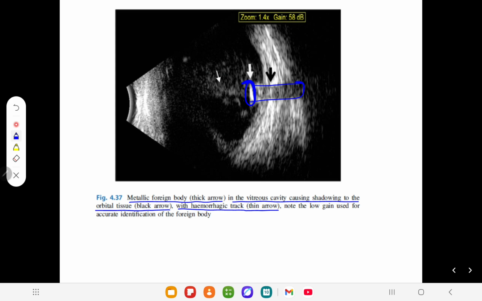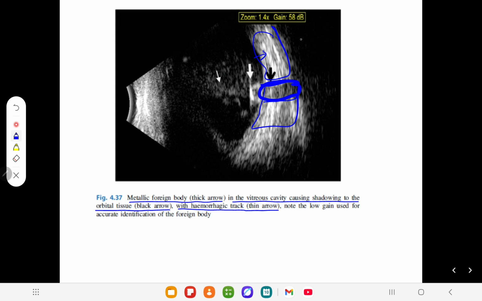This area is shadow. Suppose if there is no foreign body, if there is nothing, isn't it this area would be the same here too, and same here too? Yes, that's what I'm talking about.